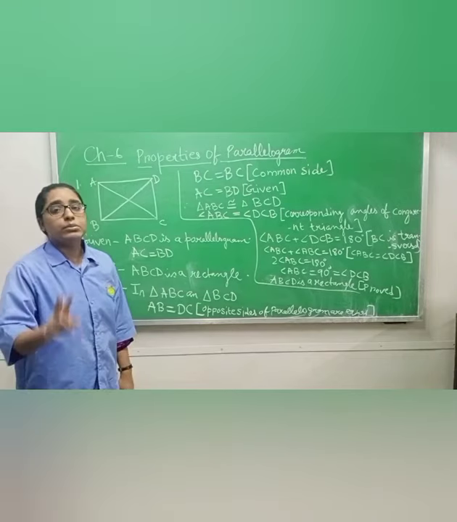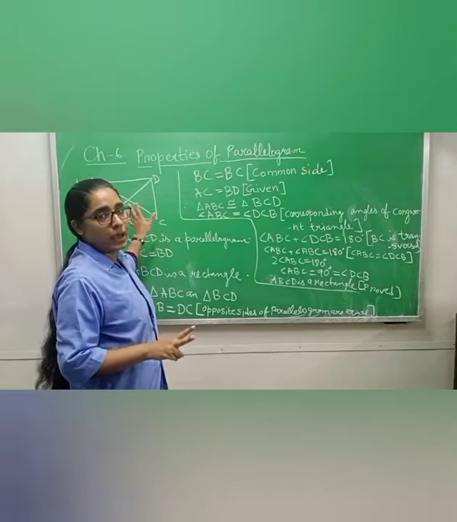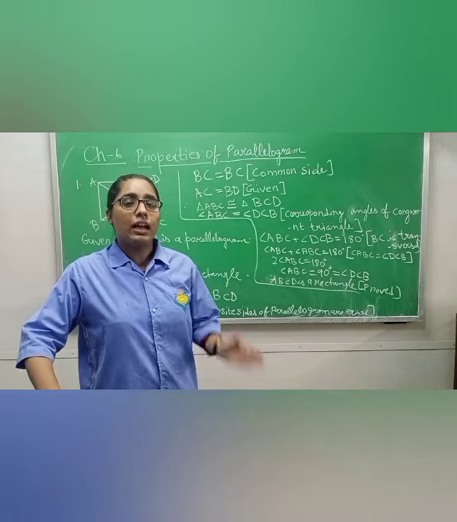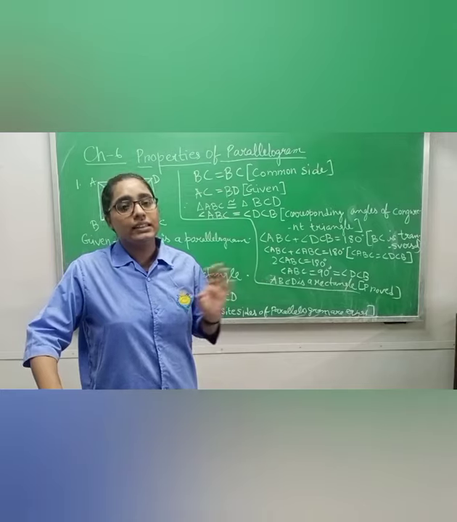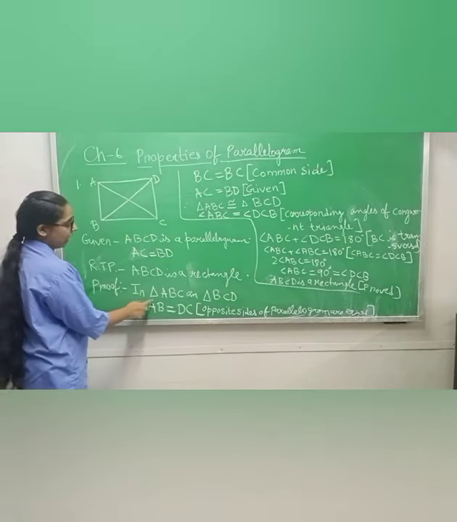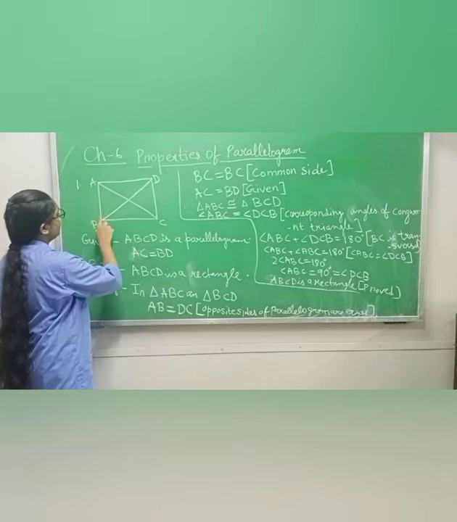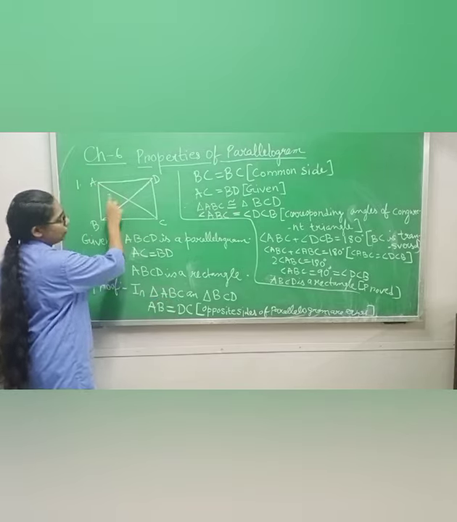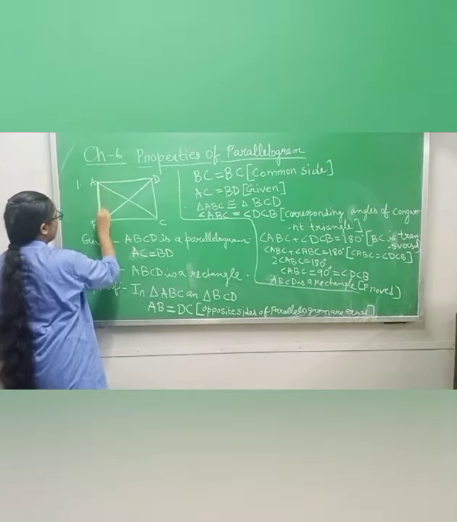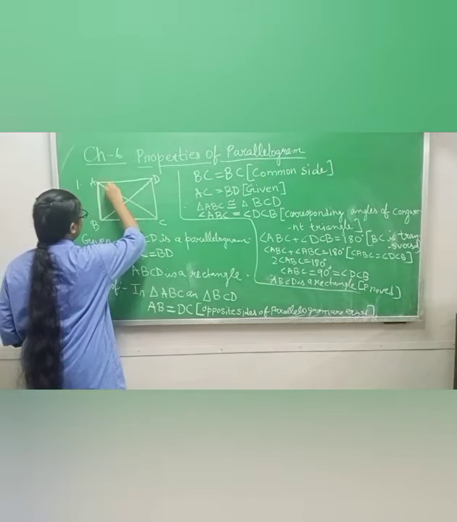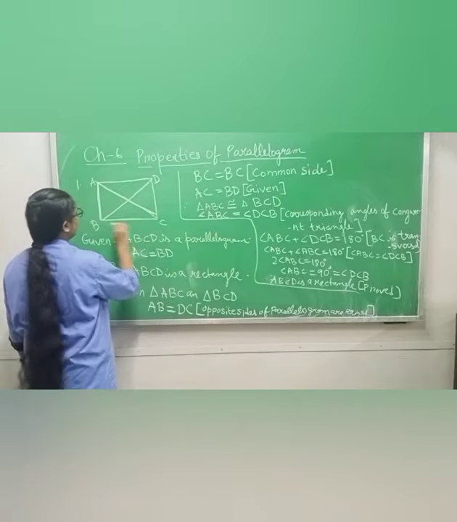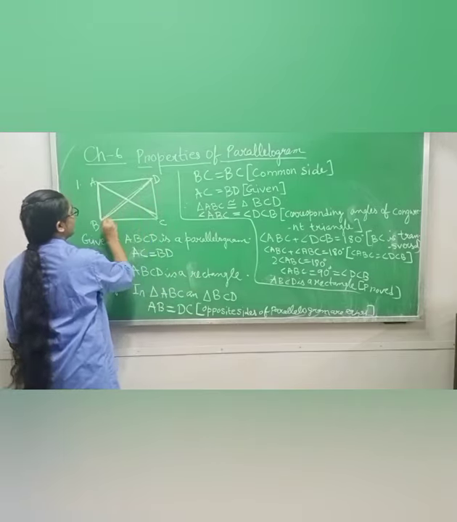Now prove. What I am doing, I am taking two triangles of this parallelogram and first I am proving that they are congruent, then I am proving that angles are 90 degree. Now which two triangles I am taking? Triangle ABC, this triangle, and triangle BCD, this triangle.